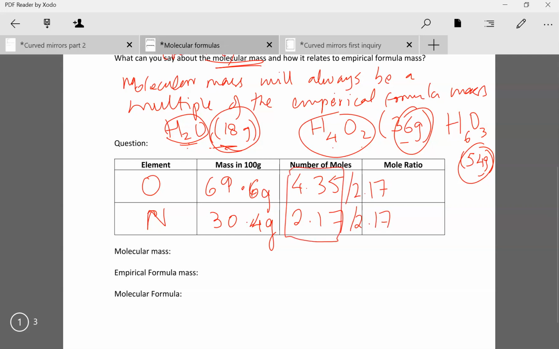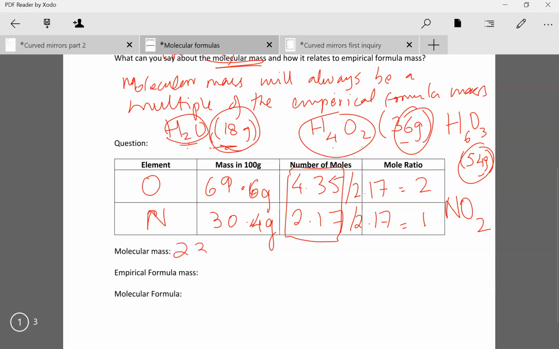So we divide everything by 2.17, and so we have this mole ratio, and so we have our empirical formula as NO2.